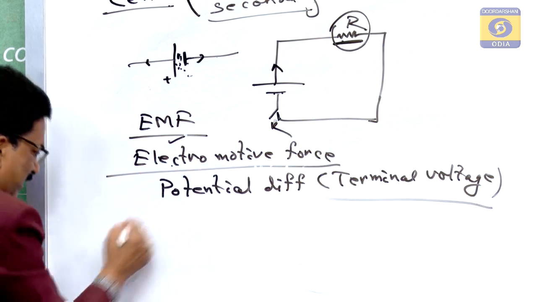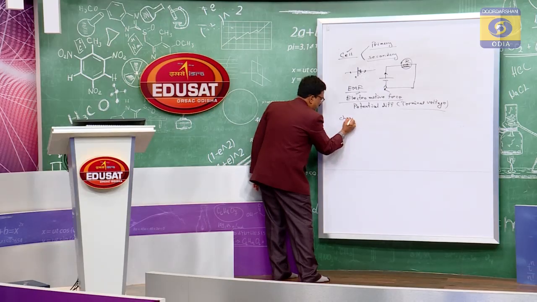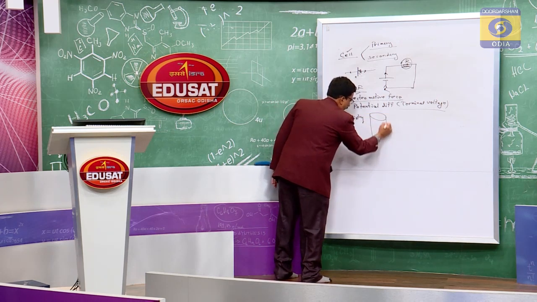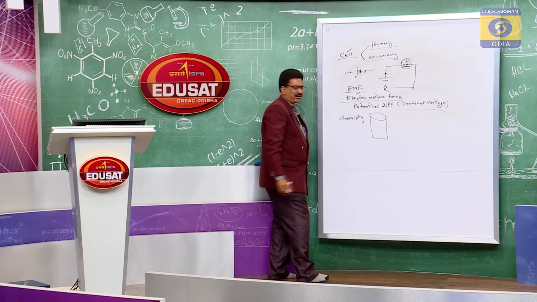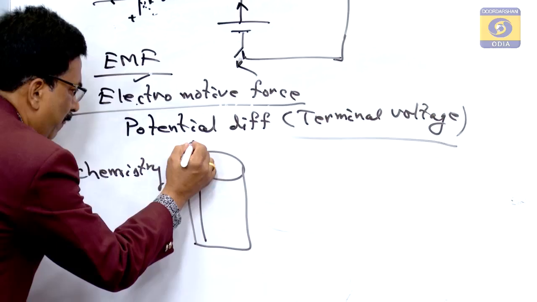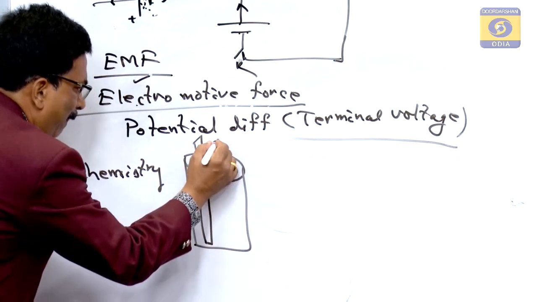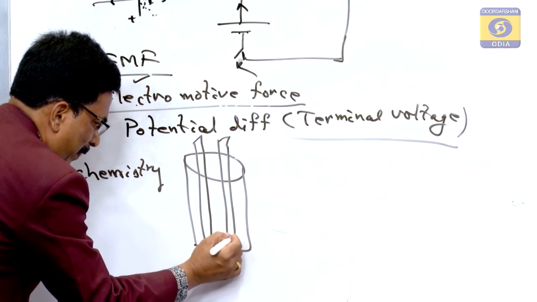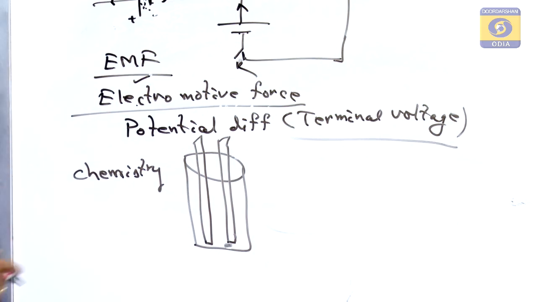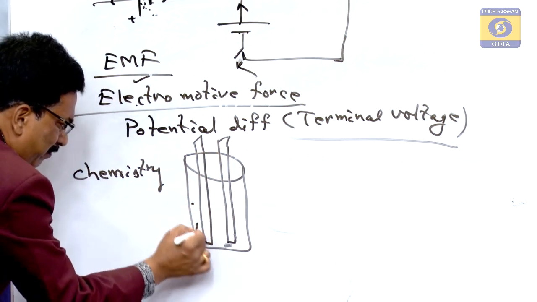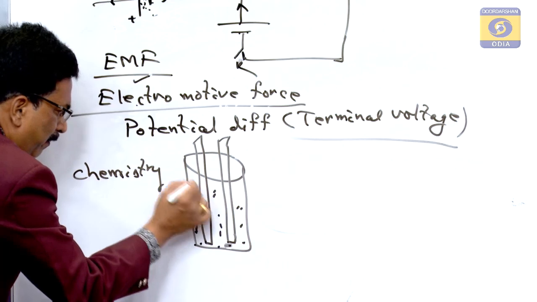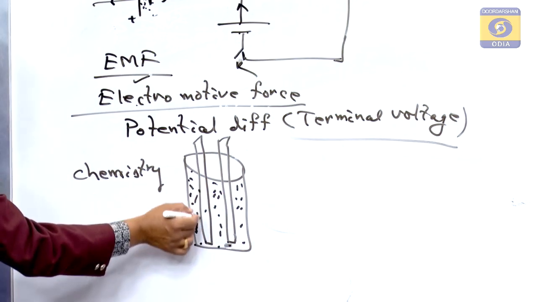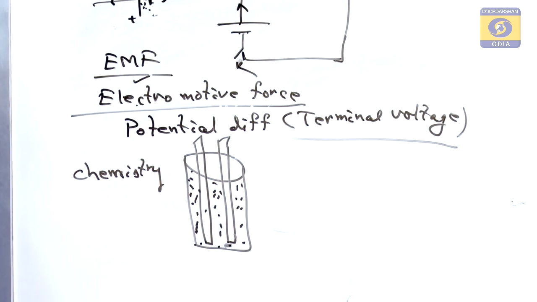Now if we go to its chemistry, suppose this is a container. And these are the two electrodes, and this container is supplied with some solution that is known as the electrolyte.